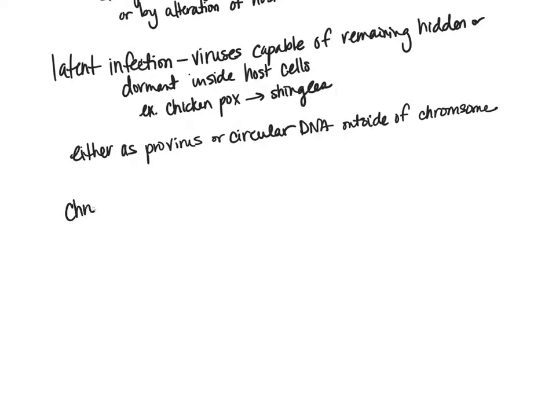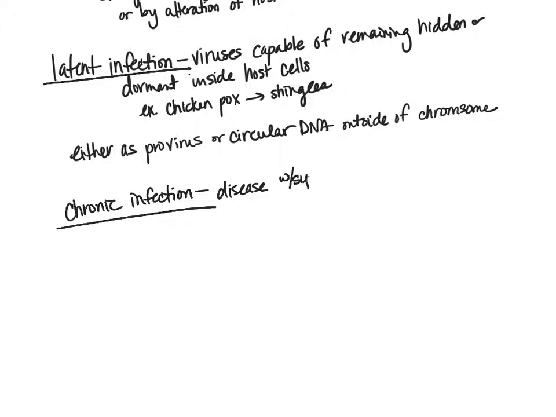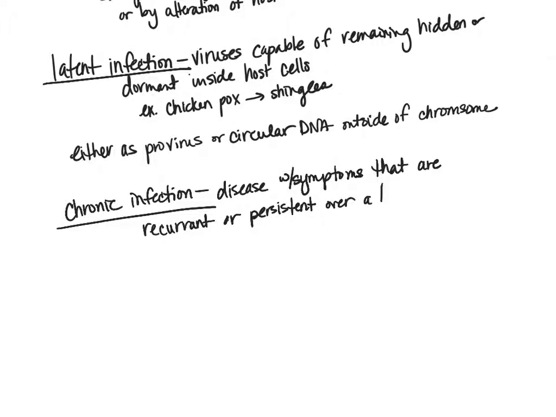Then we also have chronic persistent infections. So our latent infection and chronic infection. In a chronic infection, this is a disease with symptoms that are recurrent or persistent over a long time.